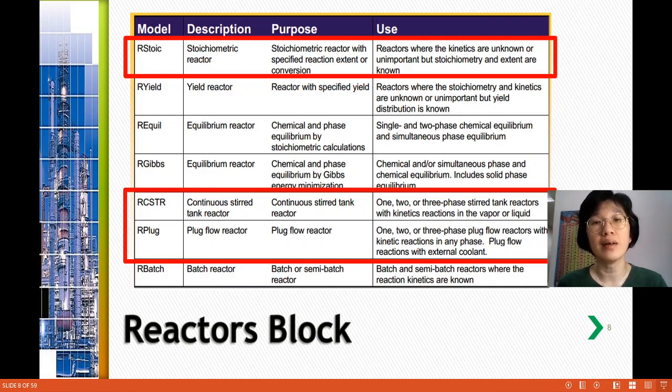Later on, when you are doing your plant design in the future, you may need the other models, depending on the information that you have in hand. If you have limited information, then you may need to go to a certain model. But if you have substantial information, then it's not a problem for you to go for the kinetic-based model like RCSTR and R-Plug.